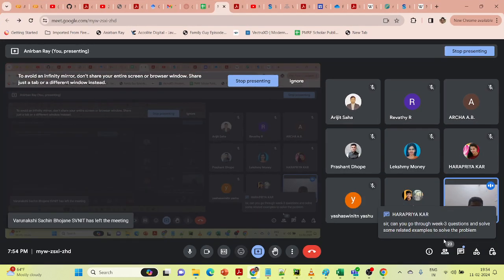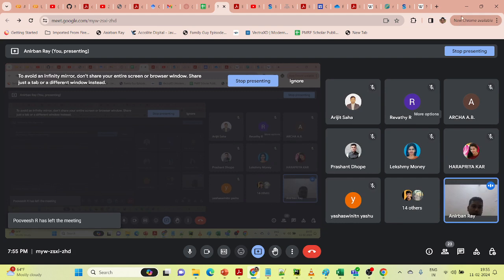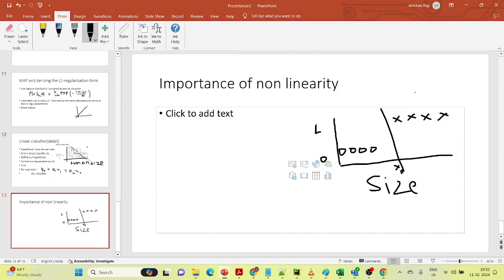Can you go through and solve related examples to solve the problem? Yes, going towards that only. Just wait a minute. So this is our condition for that classification: if the tumor size is greater than x0 we get 1, if it is less, we get 0.